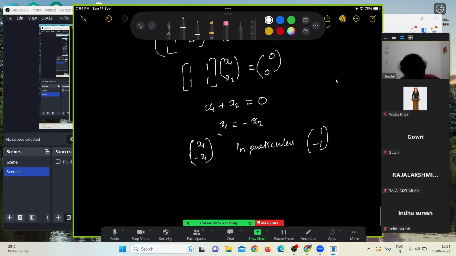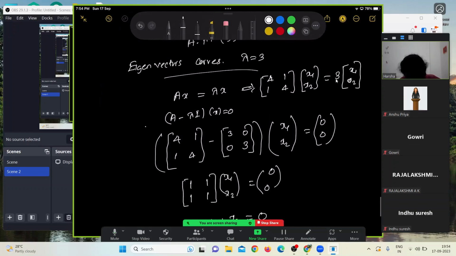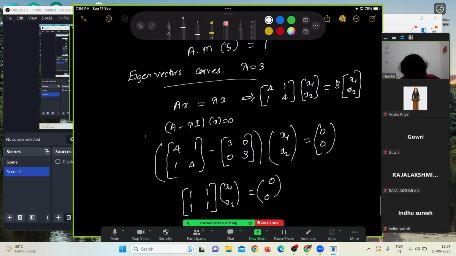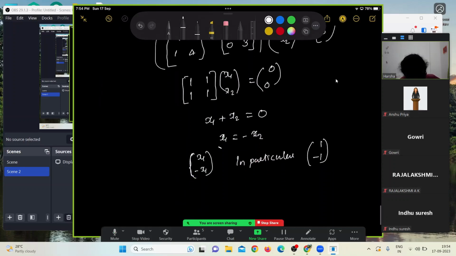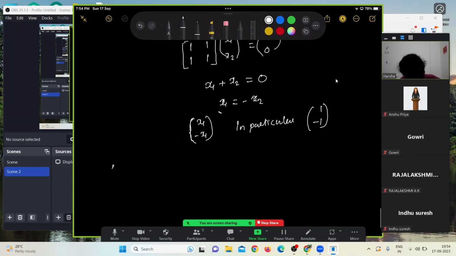Now the question is, is there any eigenvector corresponding to lambda equal to 3 which is linearly independent?